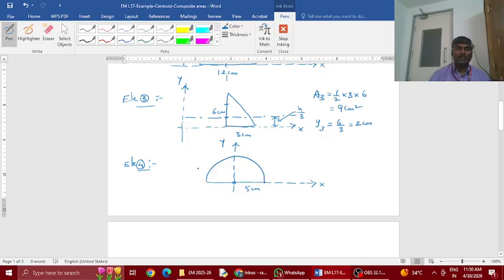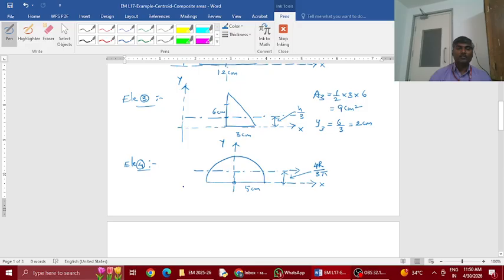The centroid from the diameter line is the location of the centroid. This we have derived, and the value is 4r by 3 pi.